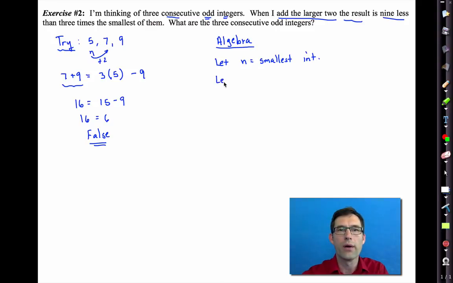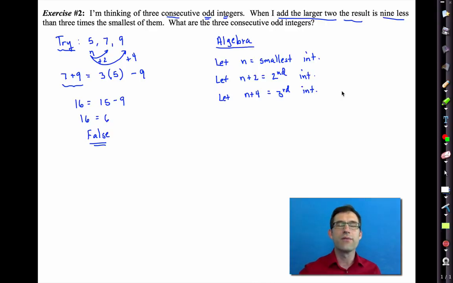We don't add 1, we don't add 3, we add 2. So n plus 2 is the second integer. And now to get from 5 to 9, because we want to base it on the n, we add 4, n plus 4.